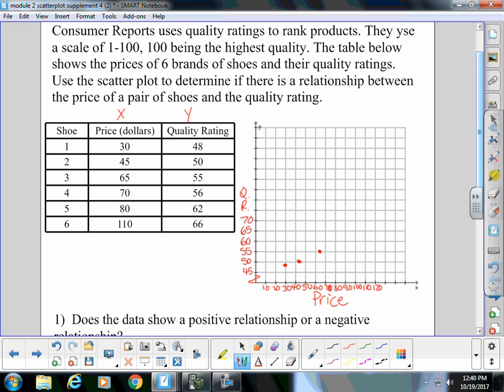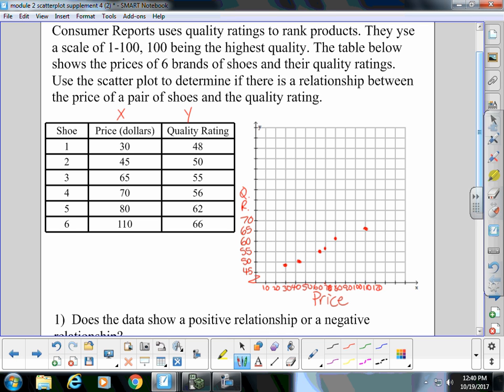Next ordered pair, 70, 56. Just a smidge higher than that one. Next ordered pair, 80, 62. Next ordered pair is 110 and 66.